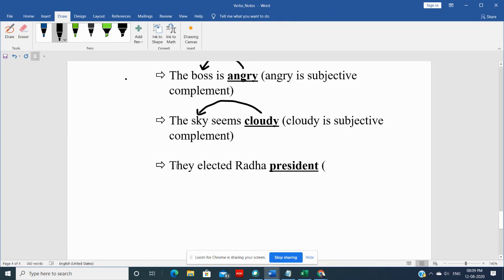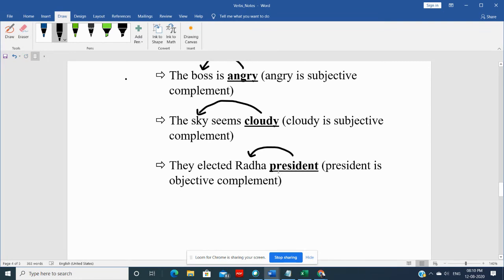So here, they is the subject, but they elected Radha president. The word president tells us about Radha and not they. So this word president, which is a complement, is telling us something about Radha, and Radha is the object of the sentence. So this complement president is an objective complement.